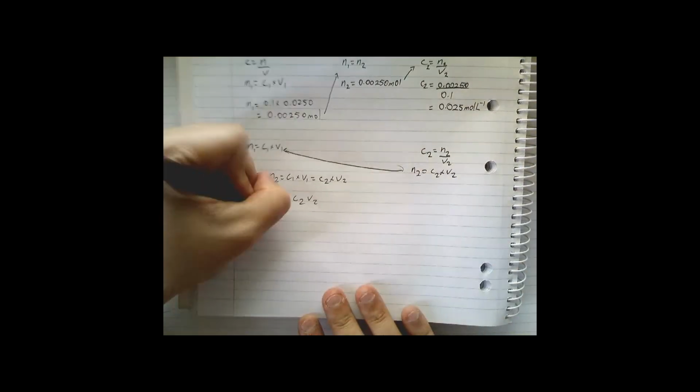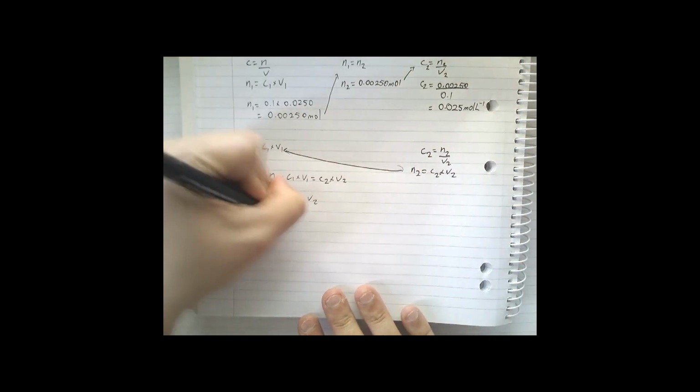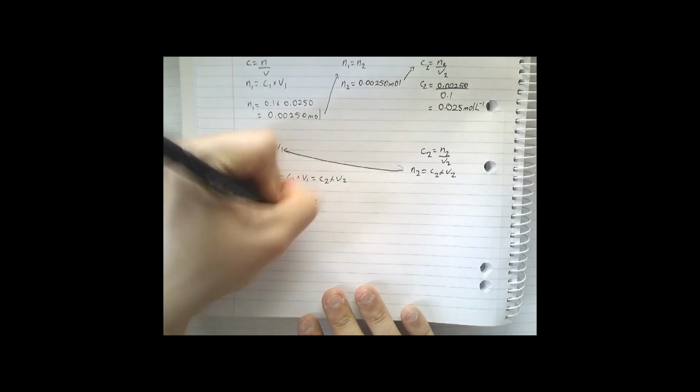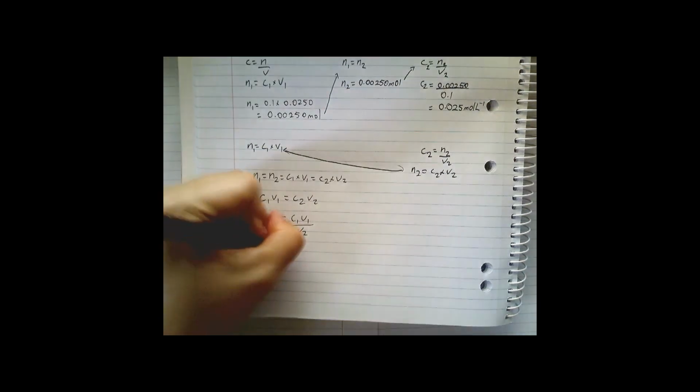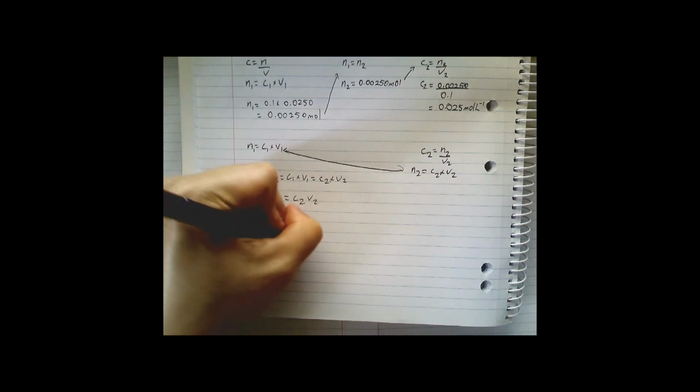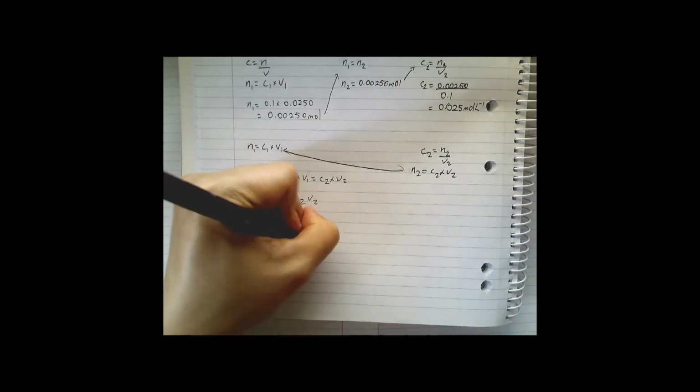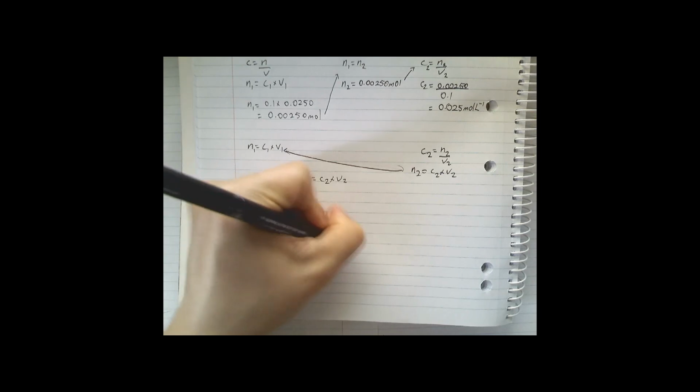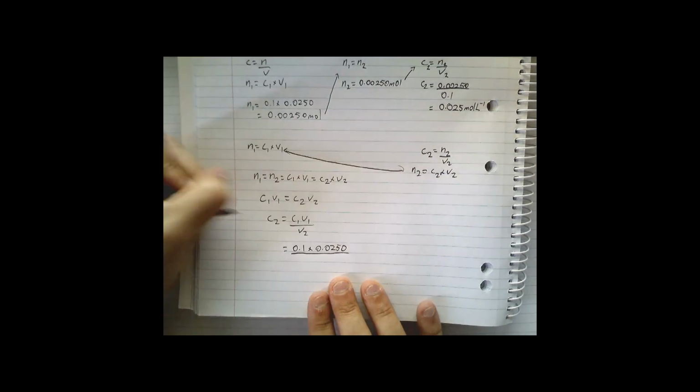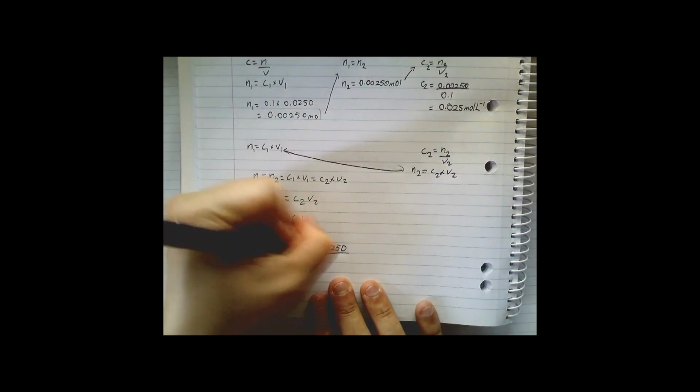So I can say that C2 is equal to C1 V1 divided by V2. And all I would have to do is substitute in my values from here. So C1 is equal to 0.1. V1 is 0.0250. And all of that is being divided by V2, which is 0.10.